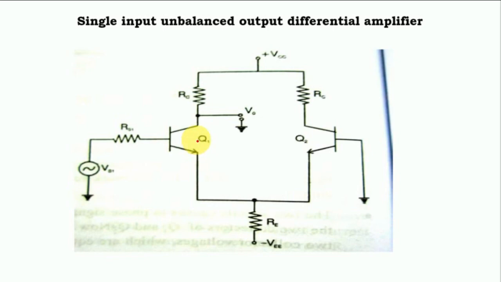Basically, the input voltage is taken over here, and this input voltage is applied to any one particular CE amplifier. So it is called the unbalanced output. So this is the basic concept, and I hope all of you understand these things about the differential amplifier.